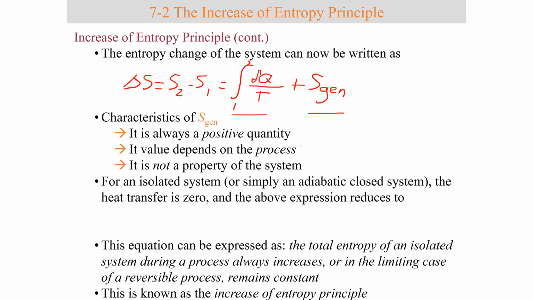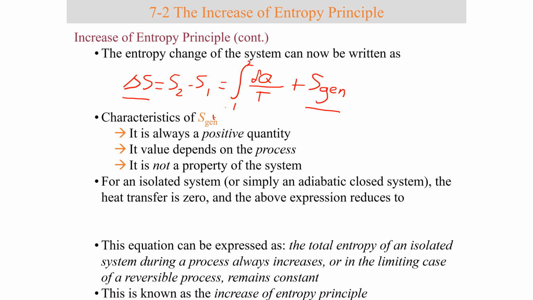Now, for first law analysis, we say that energy cannot be created or destroyed. But in the second law analysis, entropy can be generated, right? And so what this does is that it helps us to analyze a process, being able to look at the total entropy change of a system and how much of that is equated to entropy generation.